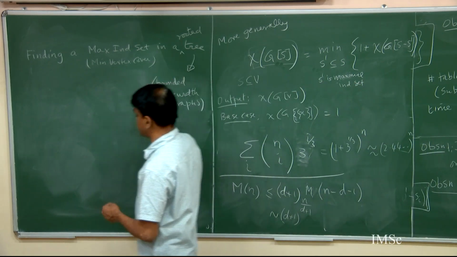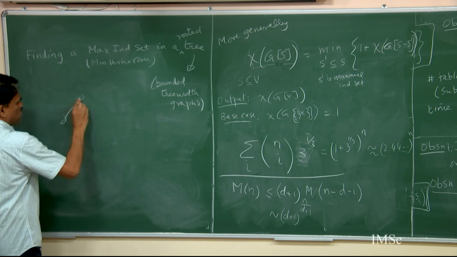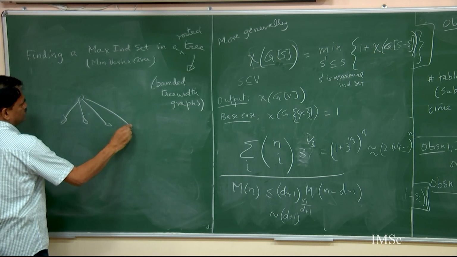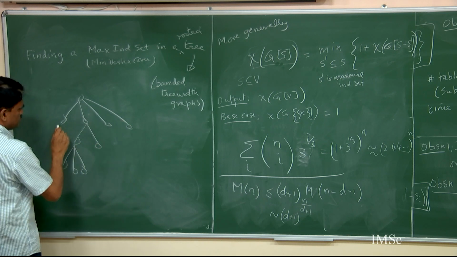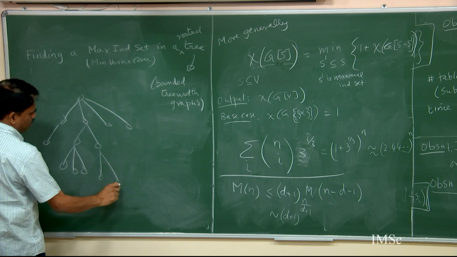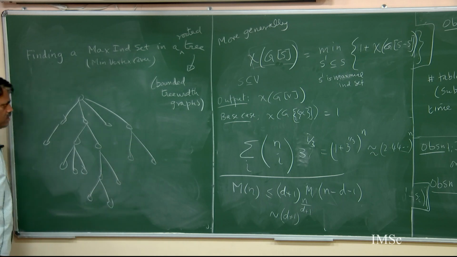So, it's a rooted tree. Now let us do some choices, right. What's the choice you want to make? So, you have a rooted tree. So, that is how your tree looks like. Okay.